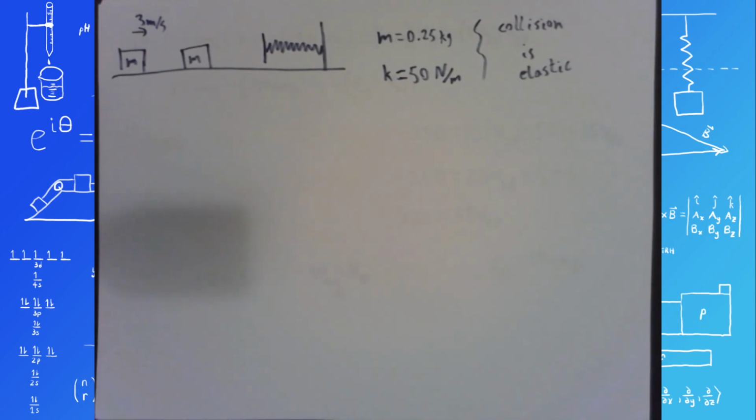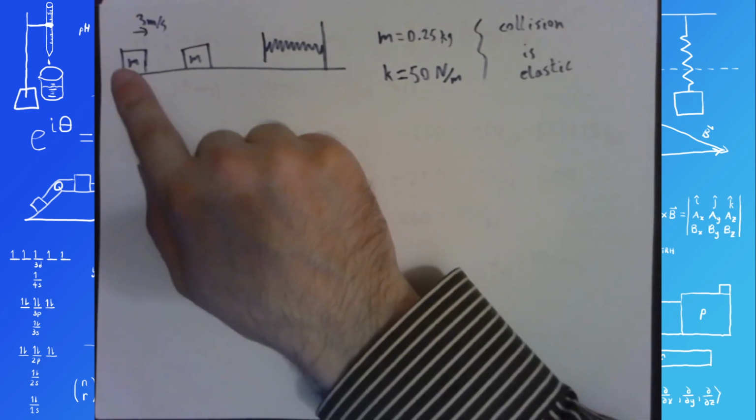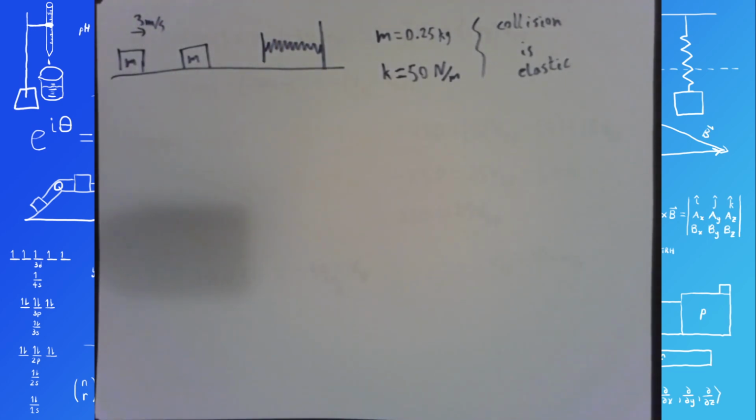I was about to jump to the conclusion that since the energy is conserved in the collision, the initial energy of the first block is just going to equal the elastic potential energy when the spring is fully compressed, but no, that's not true, because that energy might not all reach the spring in the first place.